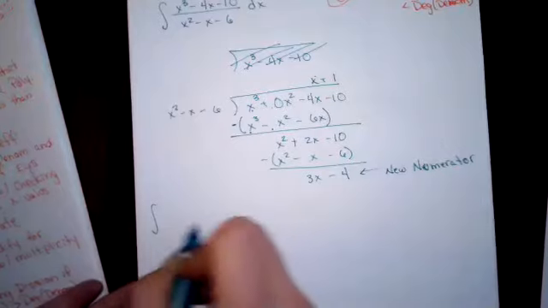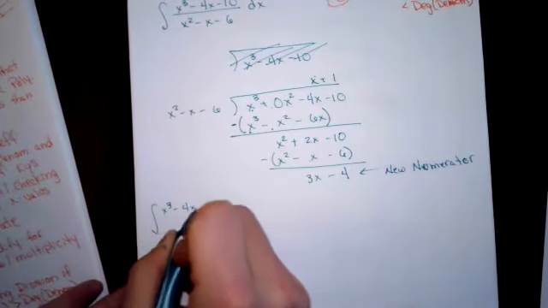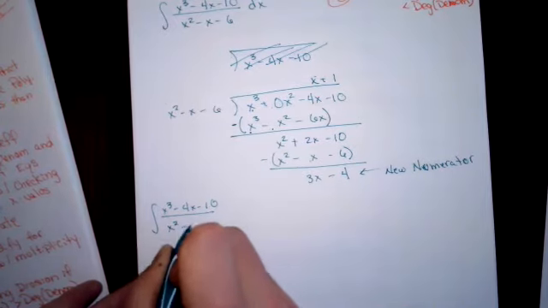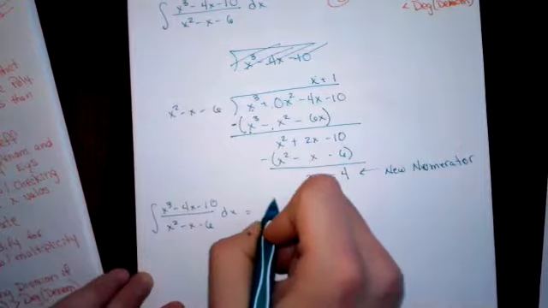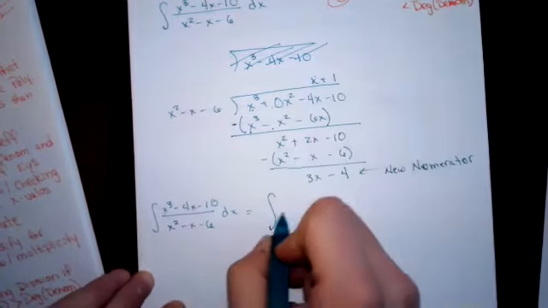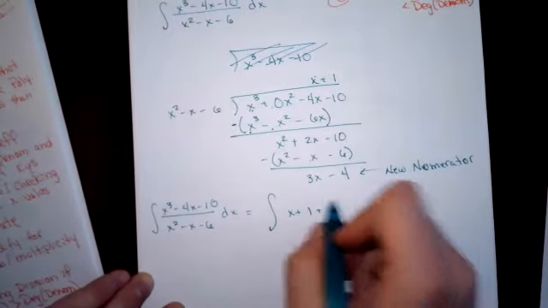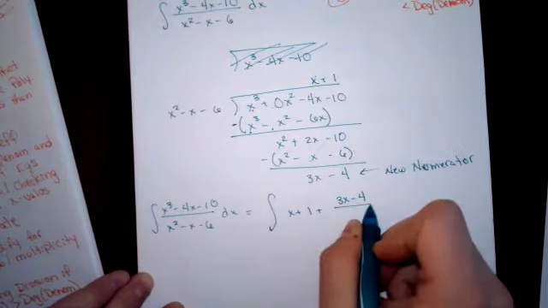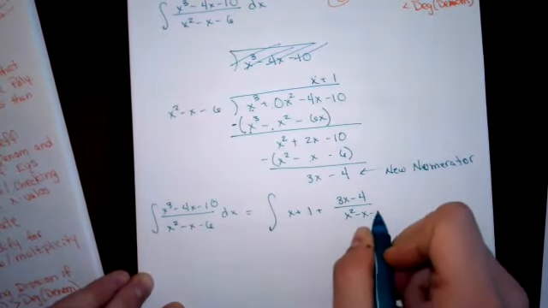Okay, so what's this say? This says our original integral, x cubed minus 4x minus 10 over x squared minus x minus 6, is going to equal the integral of the polynomial part, x plus 1, and then plus (3x minus 4) divided by (x squared minus x minus 6).